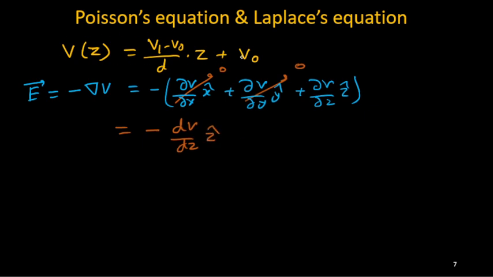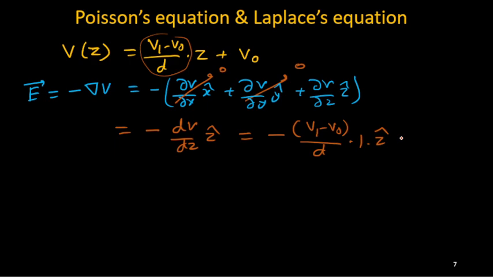This is V of Z. If I take the derivative, this is a constant part and the derivative of Z is 1, so this constant K1 will remain the same. So this is minus V1 minus V0 upon D, along Z direction.